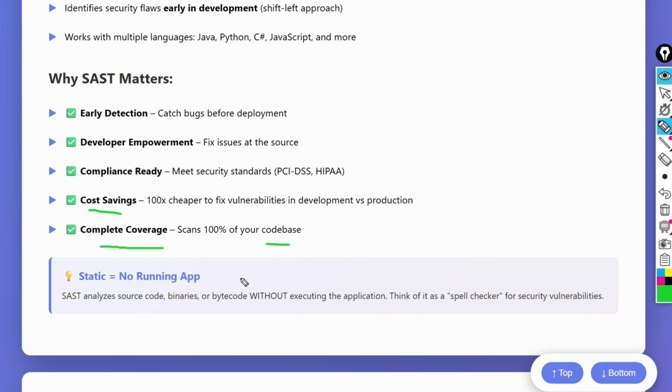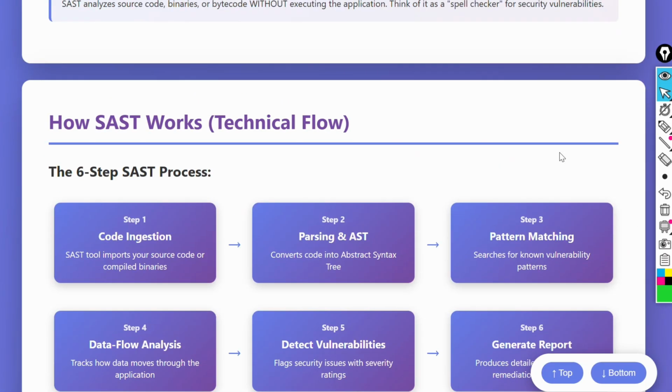You can think of it like a spell checker for security, which highlights the mistakes before you publish a document, let's say. In the SAST case, it identifies the vulnerabilities before you deploy the application into production. That is exactly why SAST is required and matters.